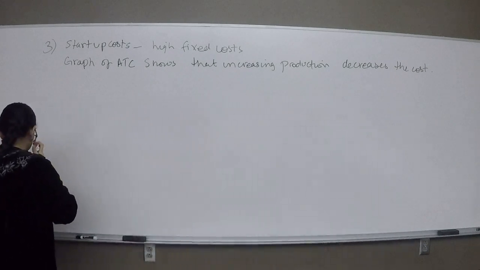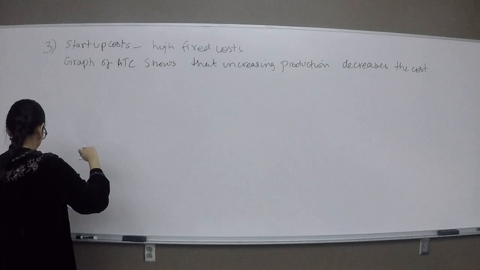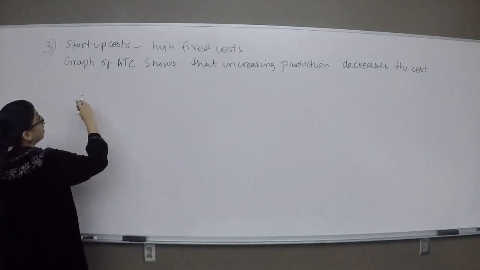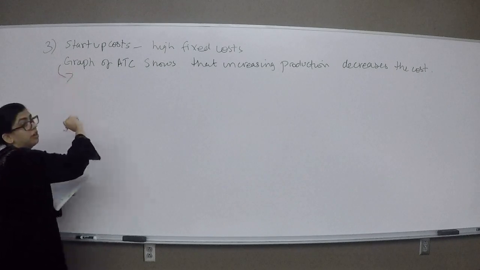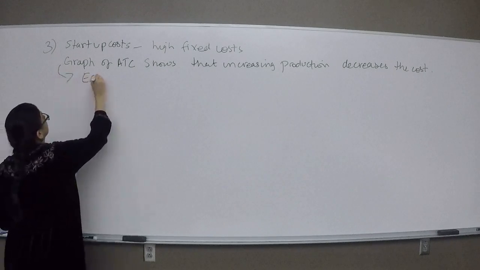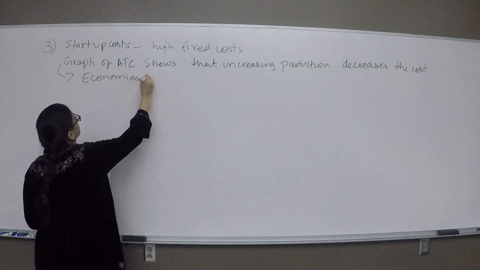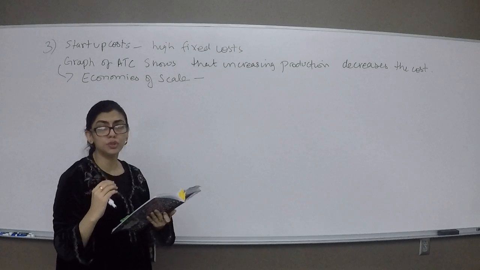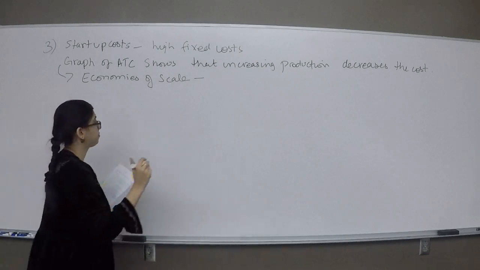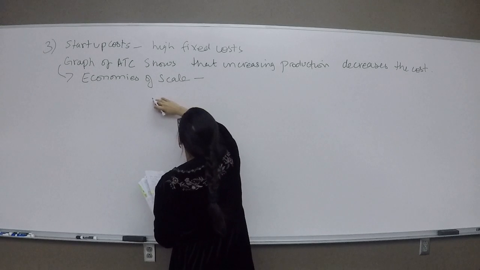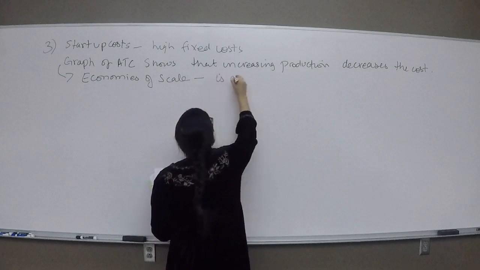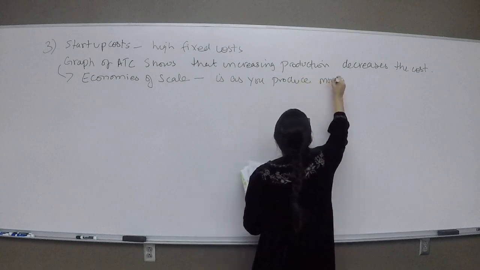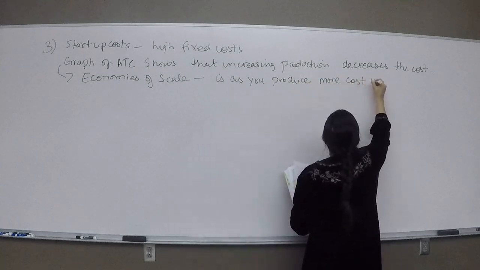So this is also referred to as economies of scale. That as you produce more, the cost will decrease. Economies of scale is as you produce more, cost will decrease.